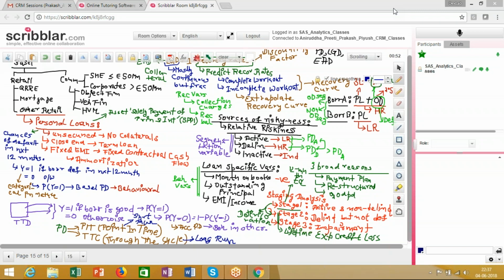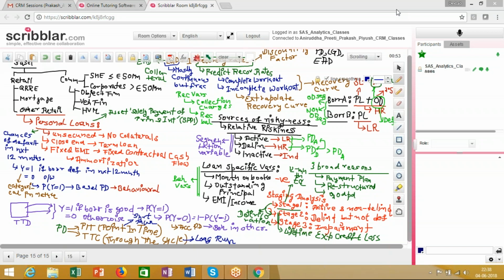Therefore, after developing a point in time model, what we need to do is convert it into a through the cycle model. So that is where the role of the PIT PD and the TTC PD comes in. Right.